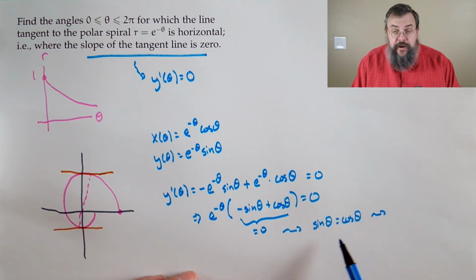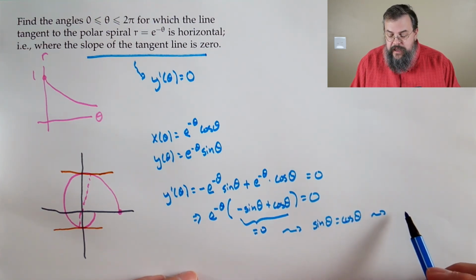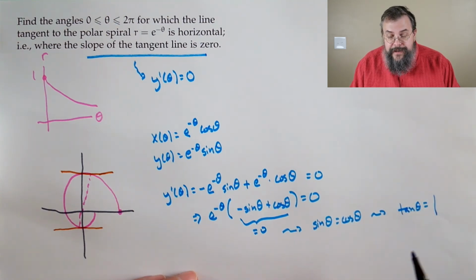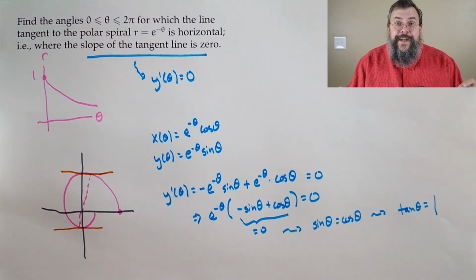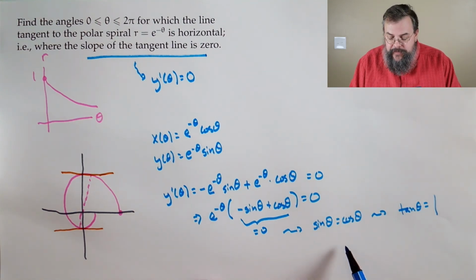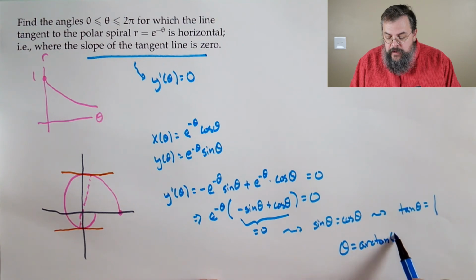Or if you divide by cosine, that's the same as saying tangent of theta is equal to 1. Wow. Tangent of theta equals 1. Think about taking the arctangent of both sides. So theta would be arctangent of 1.